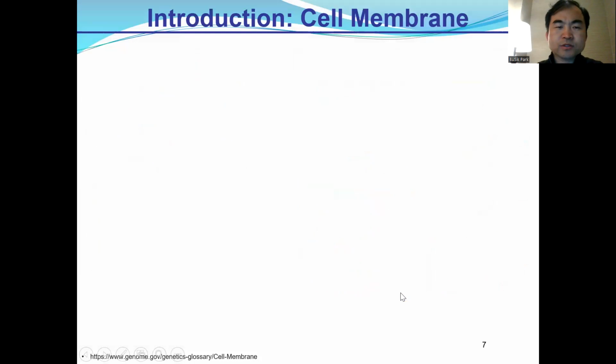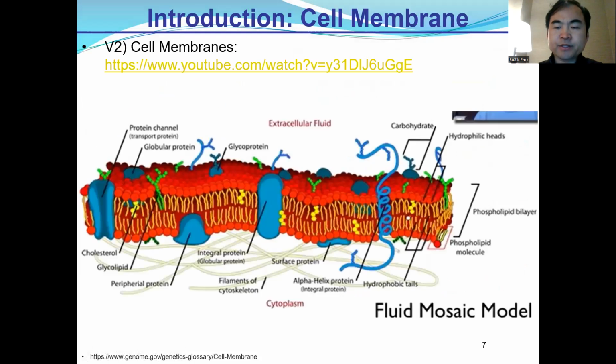an alpha carbon atom, an amino group, a carboxyl group, a hydrogen attached, and the side chain. The cell membrane is basically described by the fluid mosaic model, which is most commonly used, and it is composed of a phospholipid bilayer with hydrophilic heads and hydrophobic tails, many proteins, protein channels, cholesterol and glycolipid.